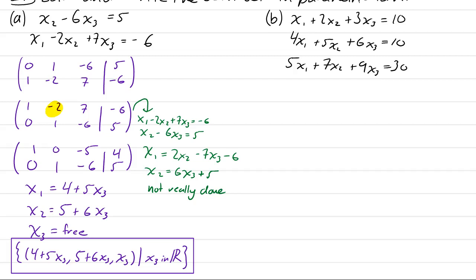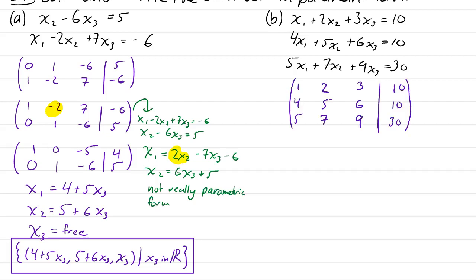Okay, so for the second one here, you can start by writing the system as a matrix. And following the algorithm, we already have a 1 as the leftmost entry of the top row here. So we're going to use that to do row replacement operations to clear away the 4 and the 5 in this column.